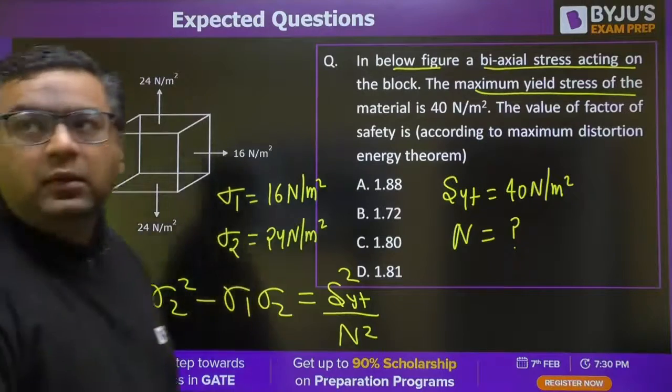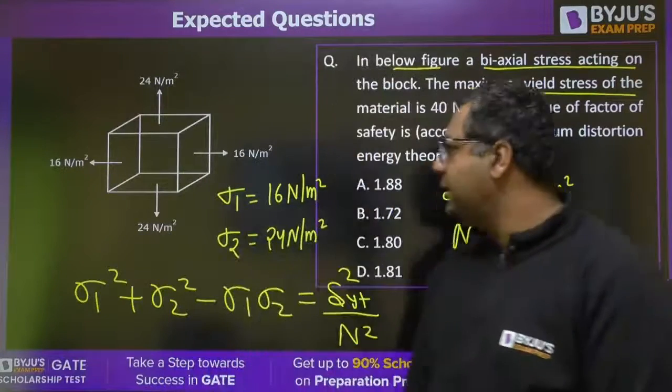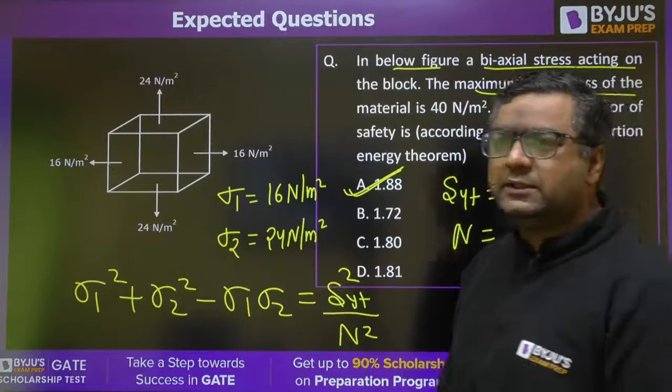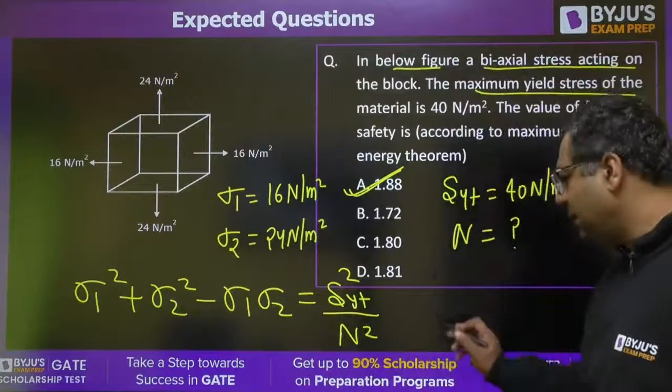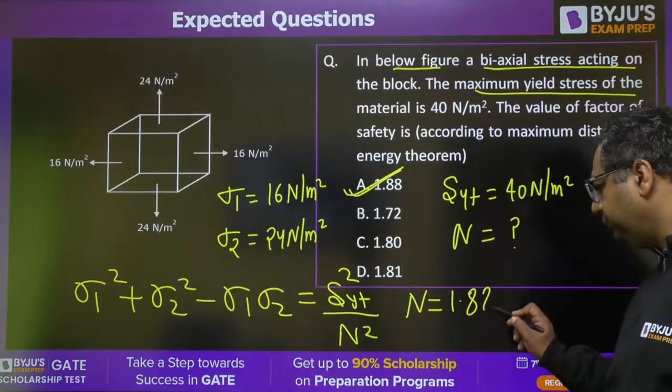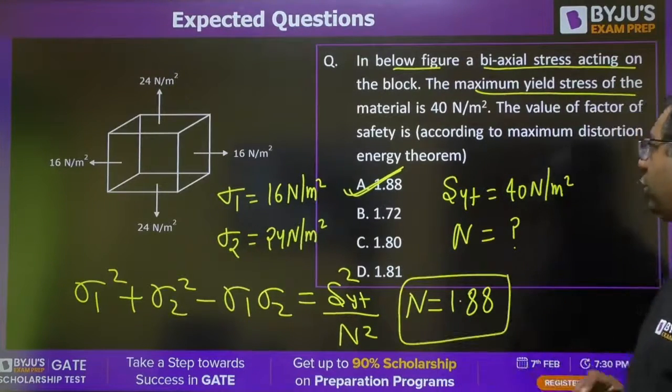Sagnik, yes, 1.88 is correct. So Sagnik, how is the preparation going? Is it going well? N will be 1.88. Theory of failure.